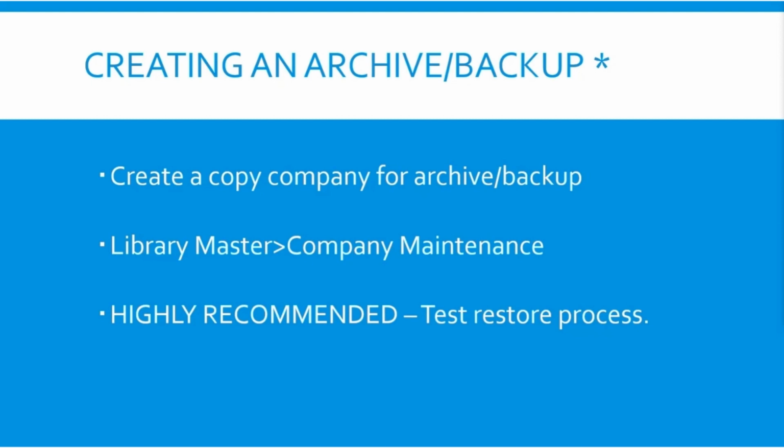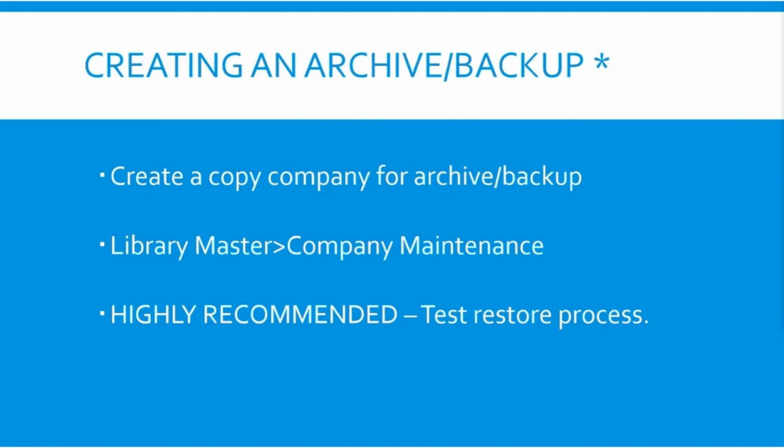The other consideration is, because you're purging some history potentially, it's nice to have that data in another company, an archive company, so that you could go reference that data. So if you were doing some cleanup and getting rid of sales history from 5 years ago, let's say, you might want to have that in a second backup or archive company in Sage so that you could go back and reference it.